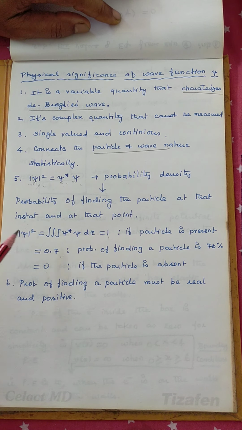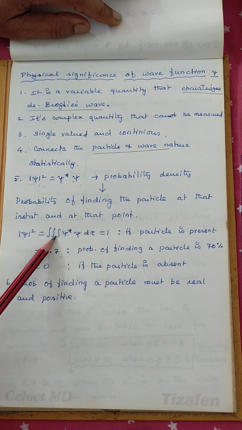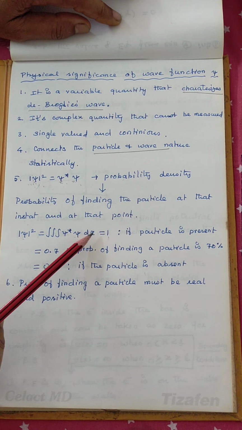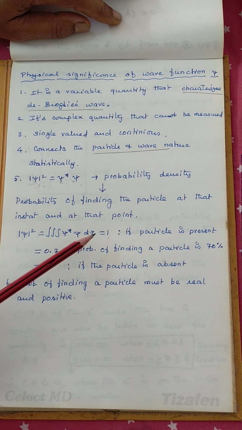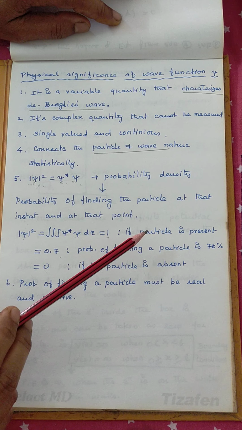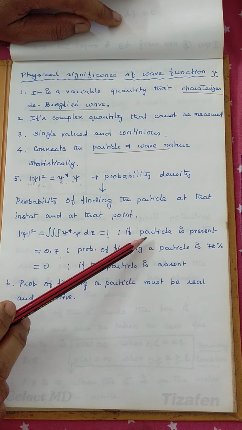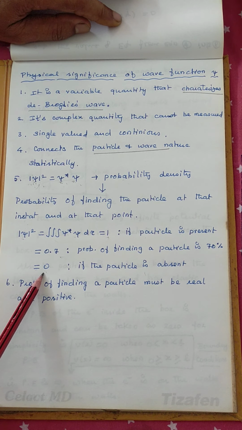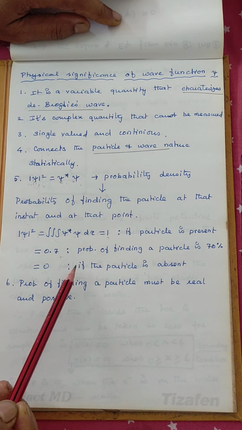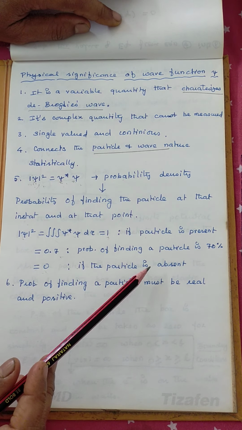How can it be calculated practically? Modulus of psi square equals the volume integral of psi star into psi into d tau. D tau is the volume element. If the value is 1, the particle definitely exists at that point, 100%. If this integral value is 0, the particle is absent in that position.